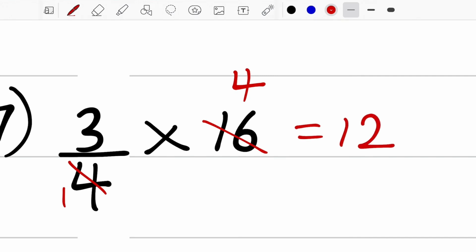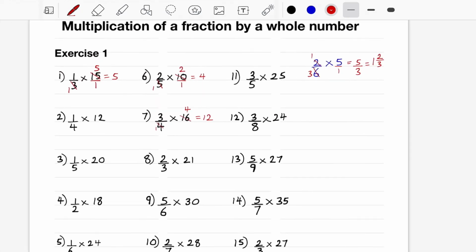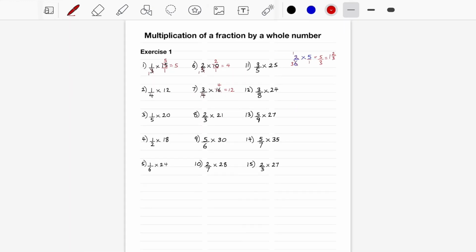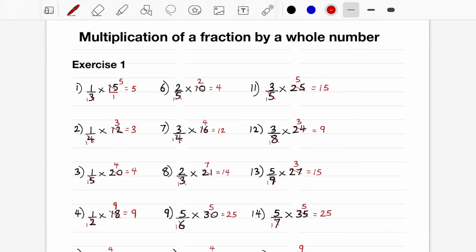That's 12 over 1, which is still equal to 12. So you can try the rest of the questions now. Remember to pause the video. Let's look at the solutions. Okay, next.